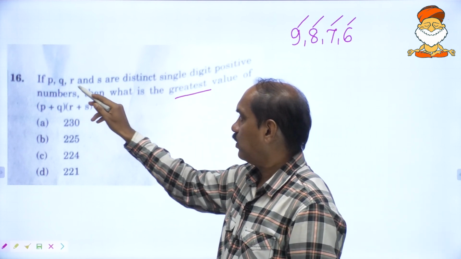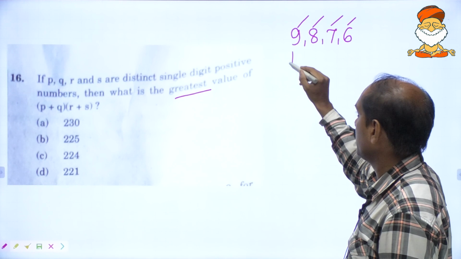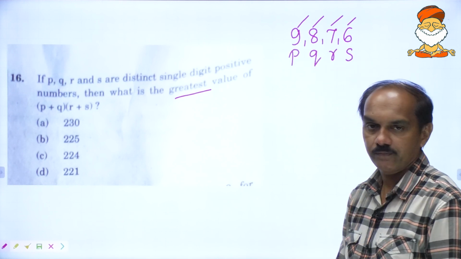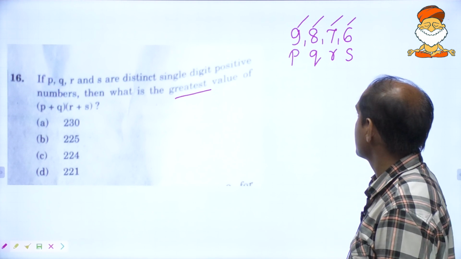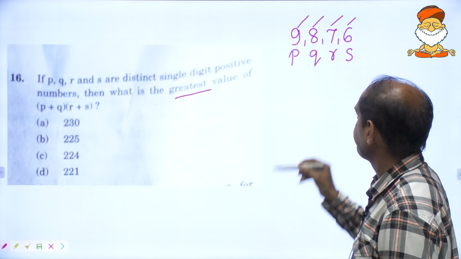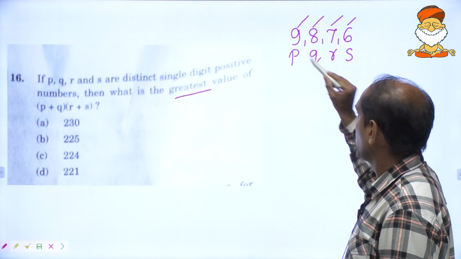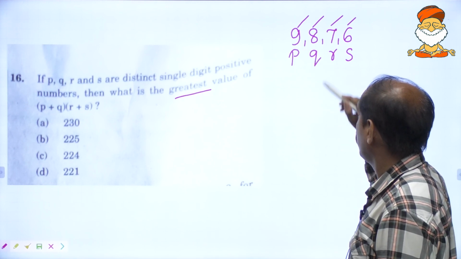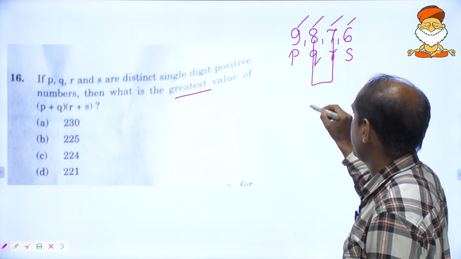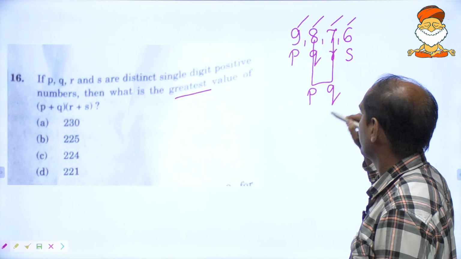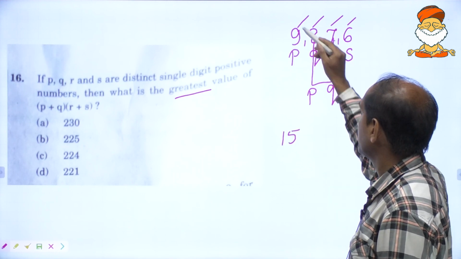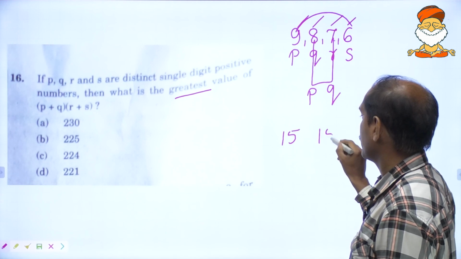So P, Q, R and S: one will become P, one will become Q, one will become R, one will become S. This is one thing. Now P plus Q and R plus S. So here it is better you make these two as P and Q. 8 plus 7, 15. 9 plus 6, again 15.